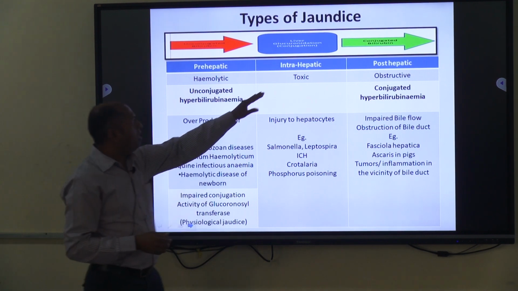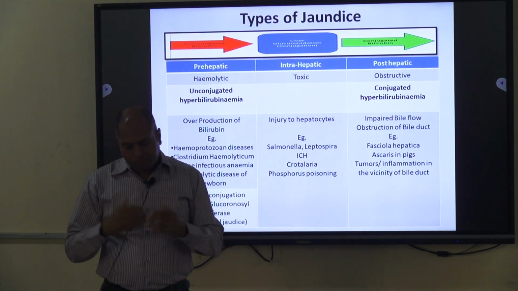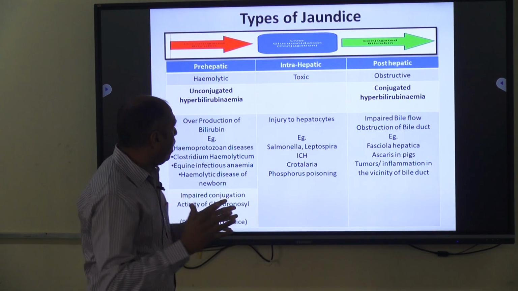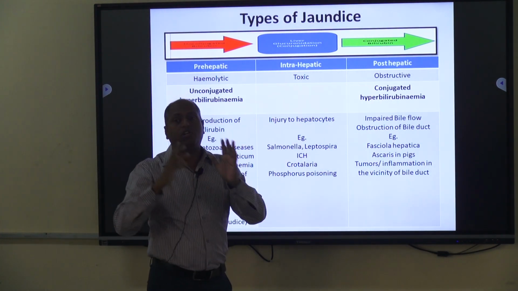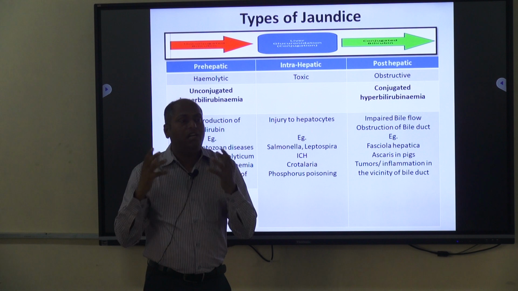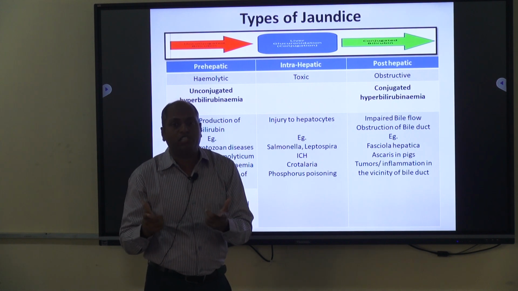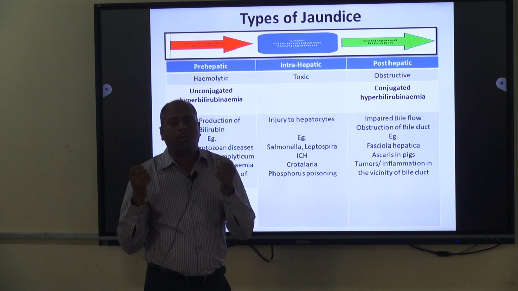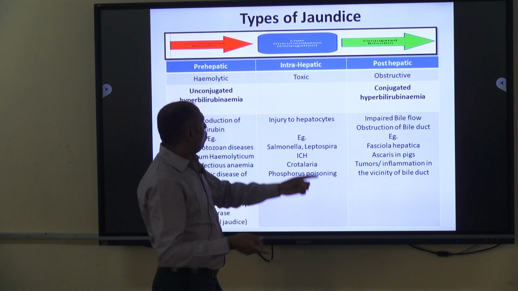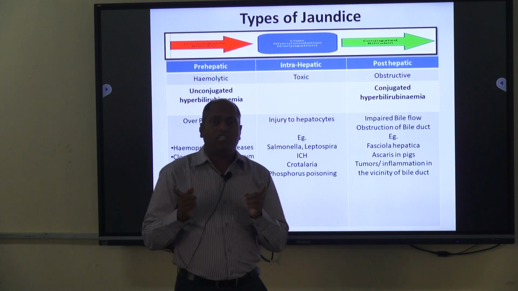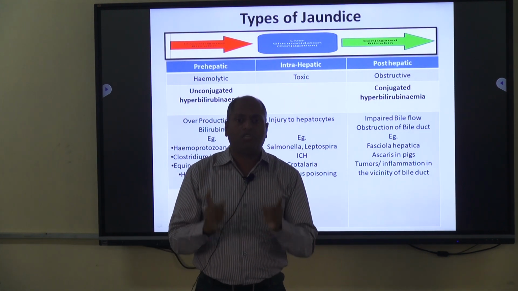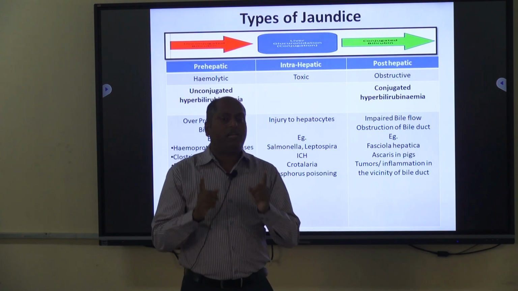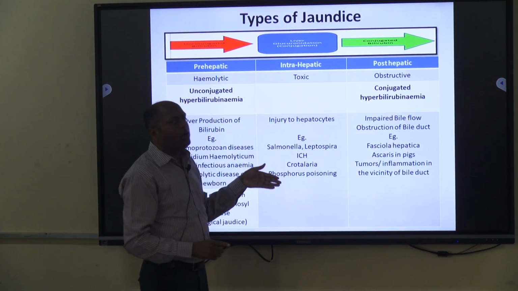Now coming to intrahepatic jaundice. As I told you, intrahepatic means the problem is in the hepatocytes. There is destruction of hepatocytes, and the liver is responsible for conjugation, detoxification or glucuronidation. So these processes cannot take place in the liver. Any agent which causes damage to the liver cells can cause hepatic jaundice, toxic jaundice or intrahepatic jaundice. There are n number of agents.